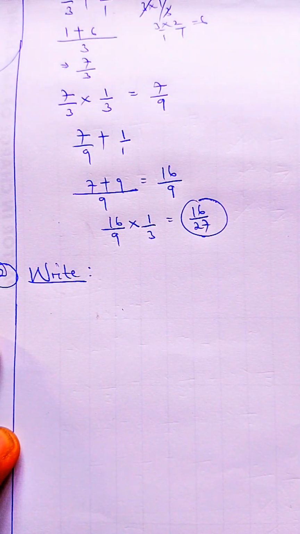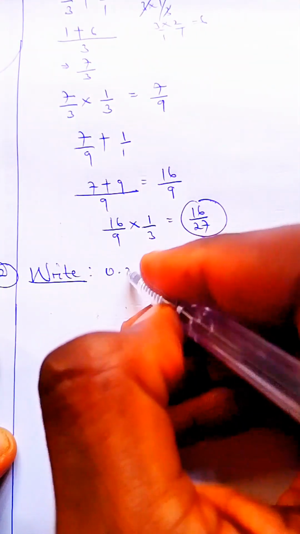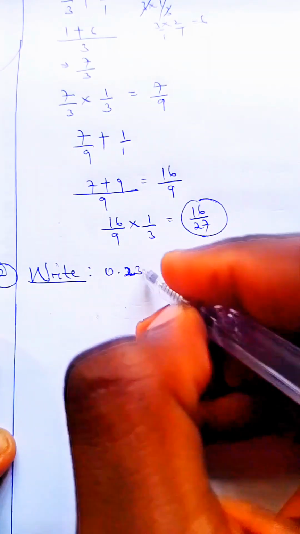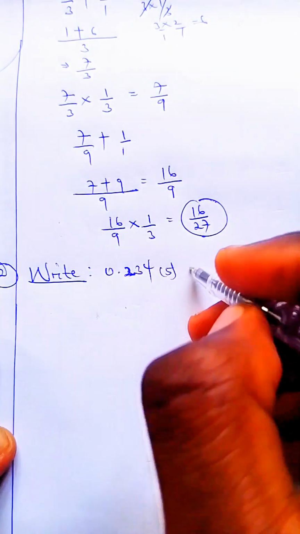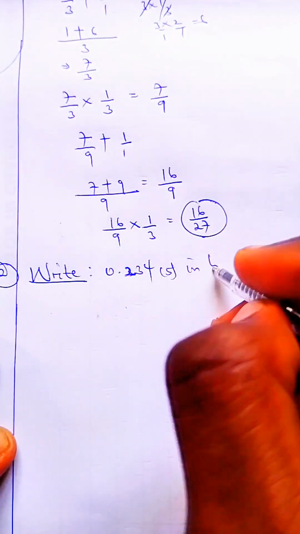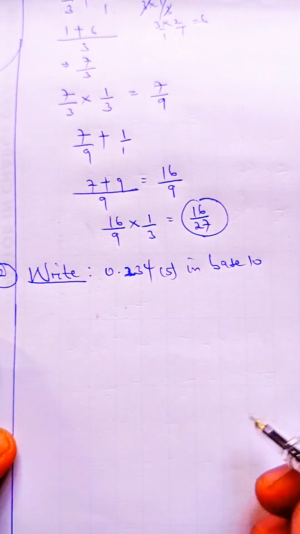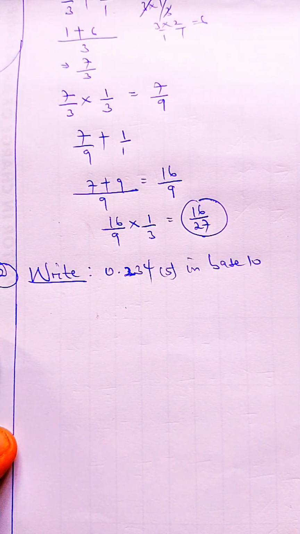Example number 2: write 0.234 base 5 in base 10. Now, how do you do this?